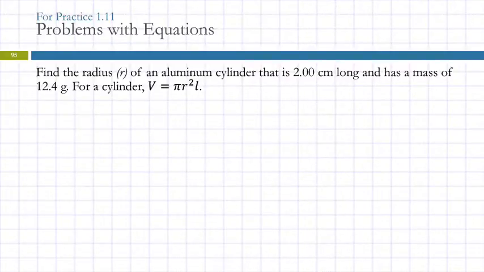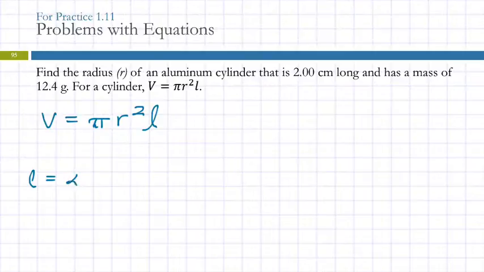So we look at this. We've got the volume of the cylinder equals pi, the radius squared times the length. Well, what do we know here? We know the length, so this 2 centimeters, it says it's 2 centimeters long. So that's the length.